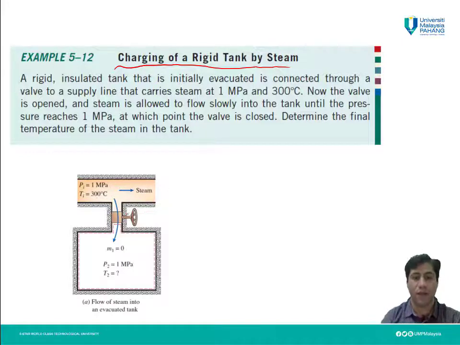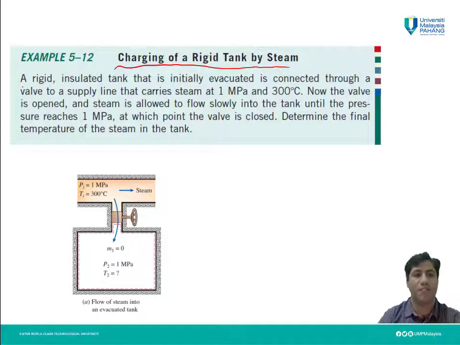If we open this valve, steam will come to this rigid tank. And the flow rate of this steam to this tank is dependent on the properties of the steam.